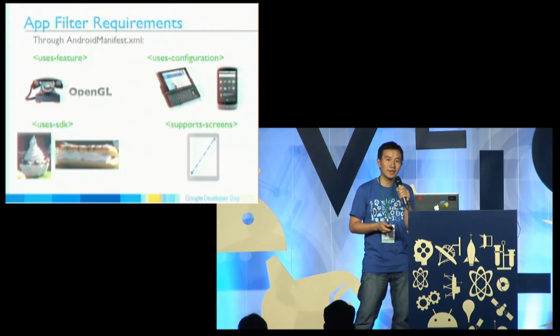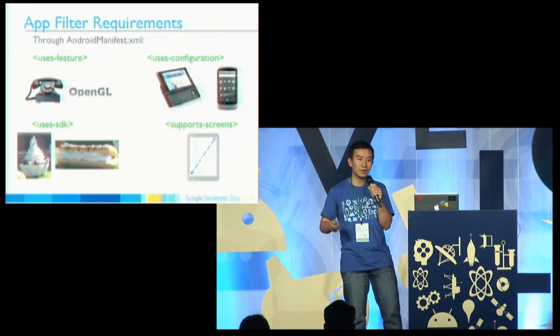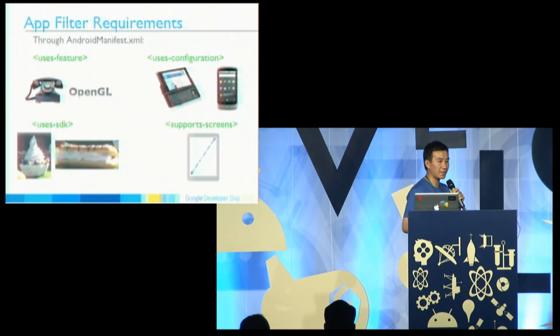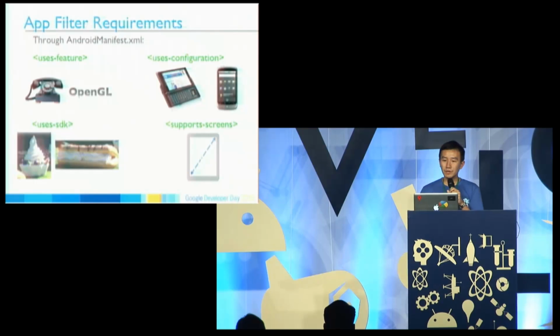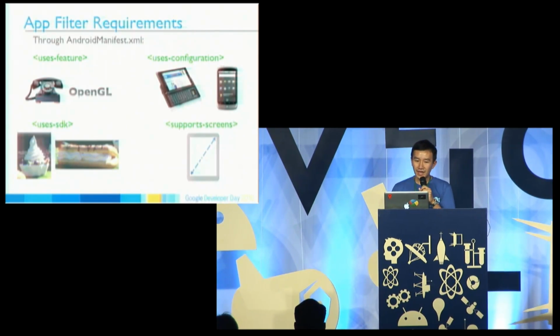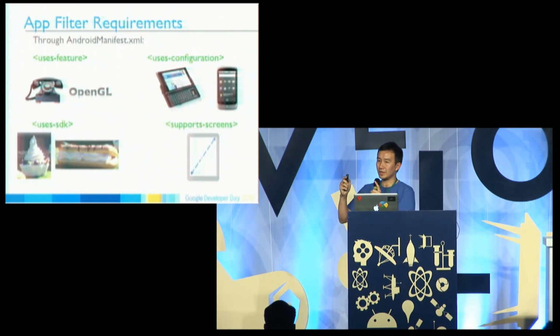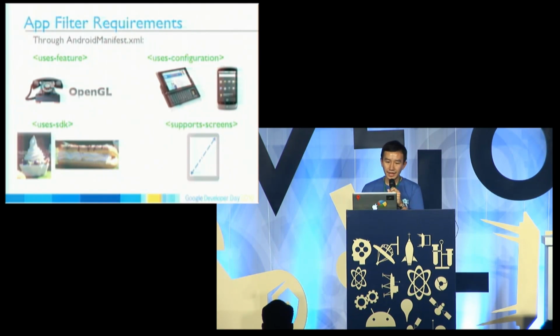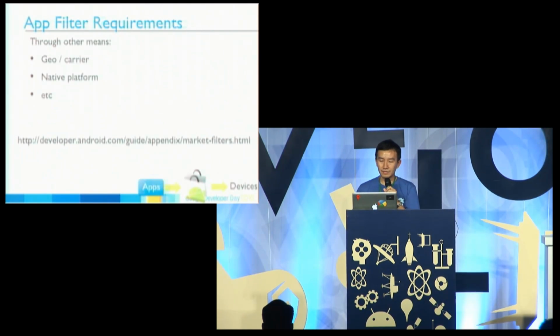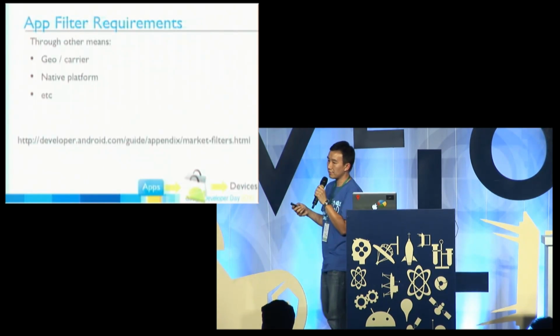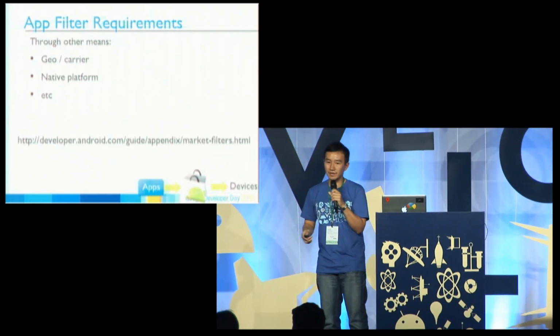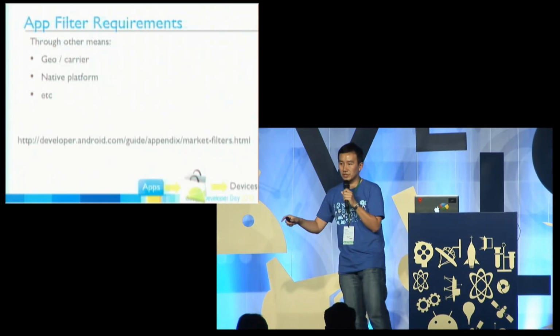And then you can also define things such as supports-screens. What kind of screen sizes can my app support? So through these different tags, Android Market knows, okay, here are the app's capabilities or requirements, and these are created through the Android Manifest. But through other methods, you can also specify, okay, here's the geographical location I want to target.